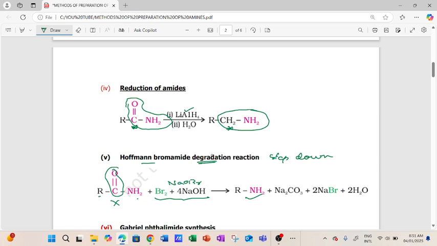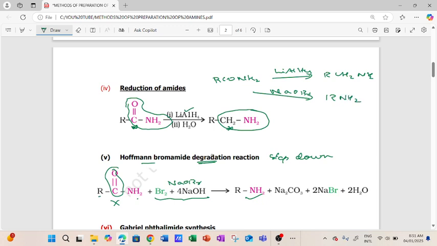So in these two reactions, reaction 4 and 5, in both cases we are converting amide into amine. But if we follow lithium aluminum hydride reduction of RCONH2, we get RCH2NH2. But if you add NaOBr to this, you will get RNH2. So this is the difference.